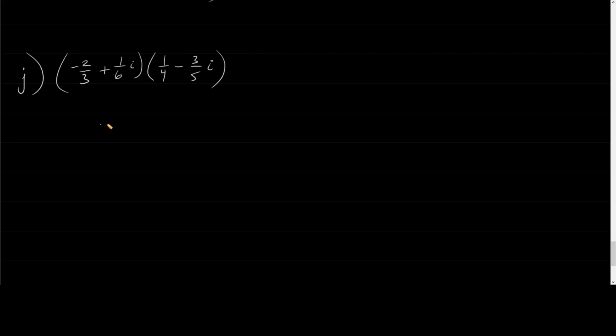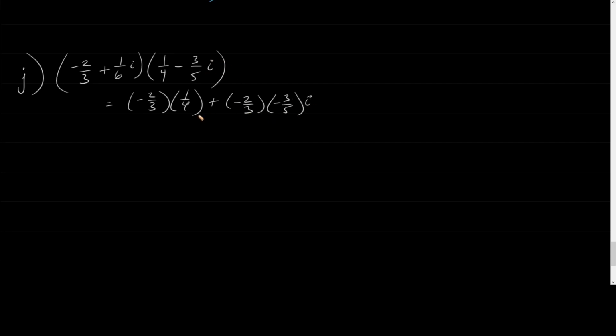So we have here negative 2/3 times 1/4. That's negative 2/12. Well, you could also think of it as the 2 and the 4 reducing. So let's actually write it down. We have negative 2/3 times 1/4, and then plus negative 2/3 times negative 3/5 i.